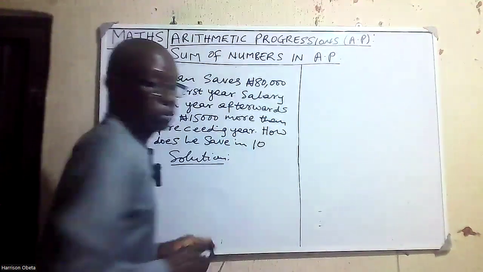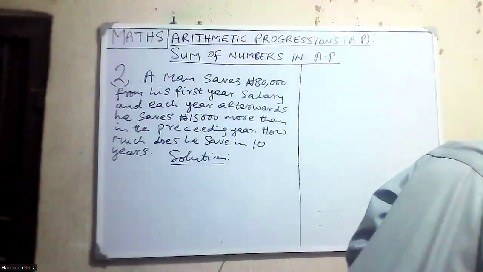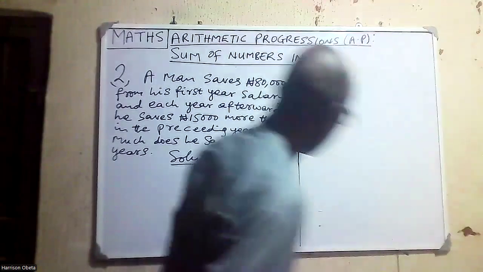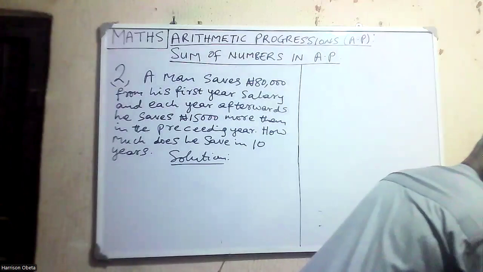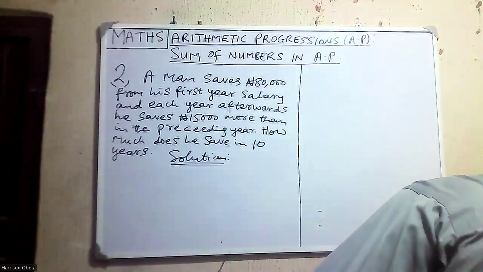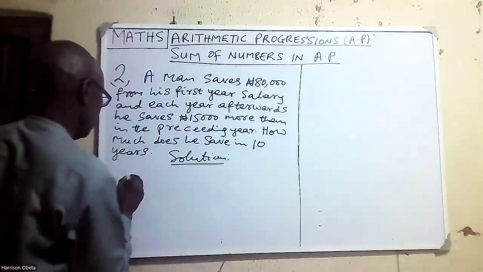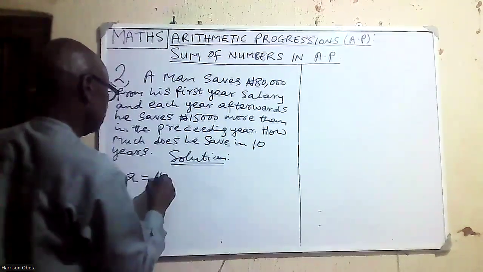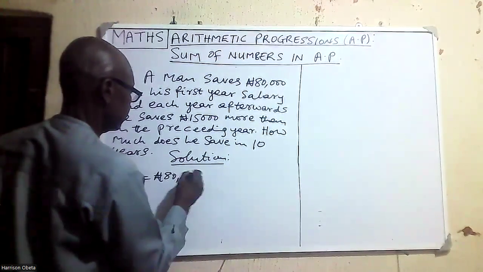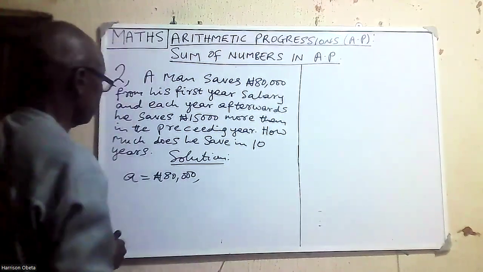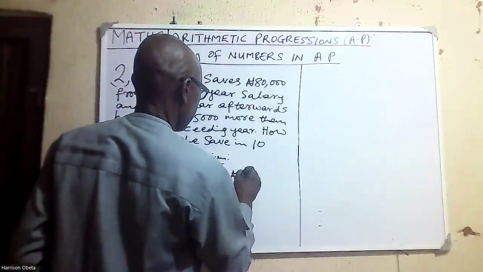Okay. Now we move on. From the question, we can see that our first value, which is our a, is 80,000 naira, while our common difference, which is d, is 15,000 naira.